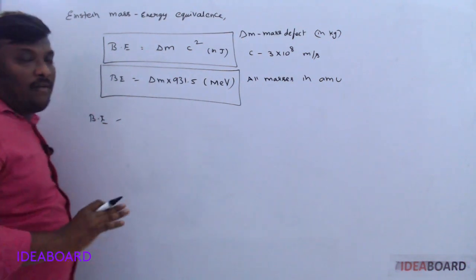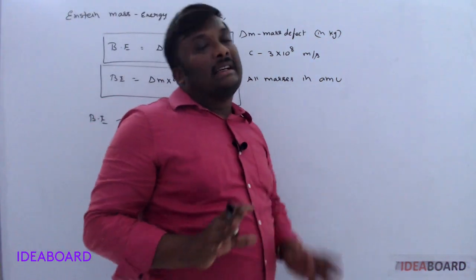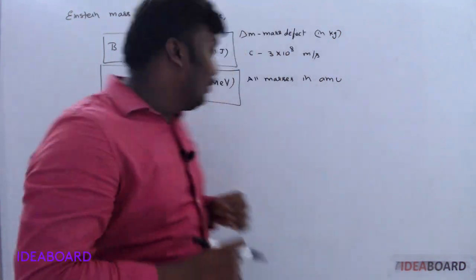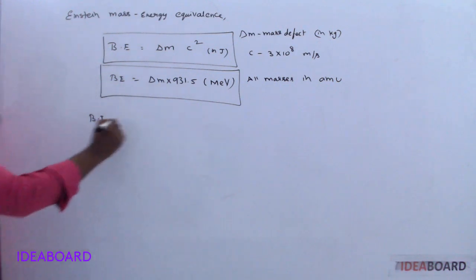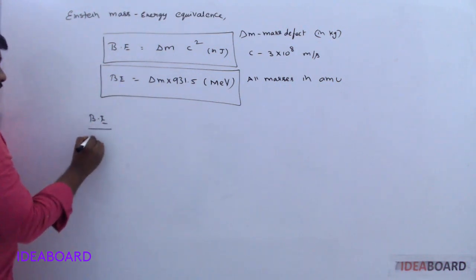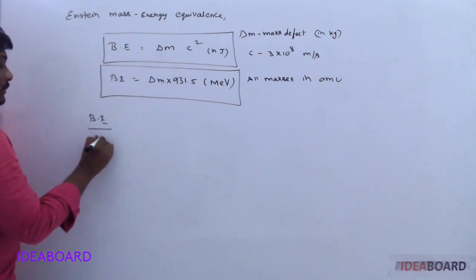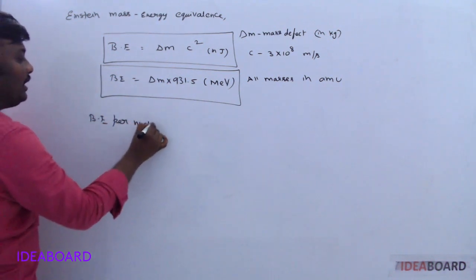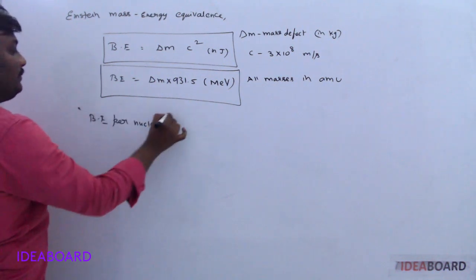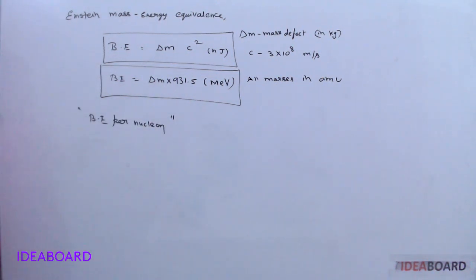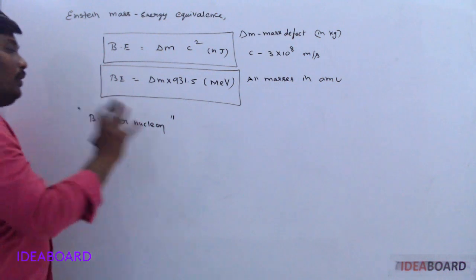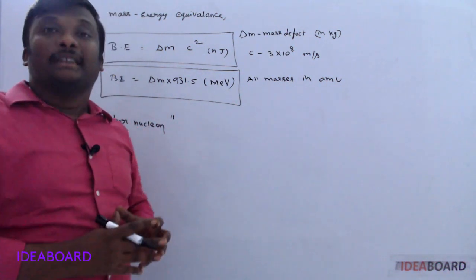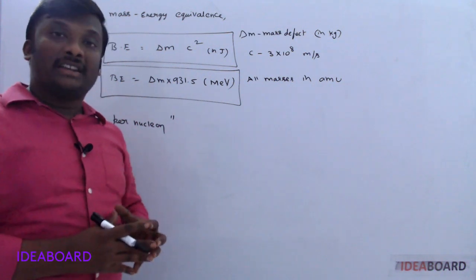Binding energy is different for different nuclei. It is not a common value for all nuclei; it varies from one nucleus to another. So you should always find the binding energy per nucleon. This binding energy per nucleon only tells which nucleus is stable or unstable.